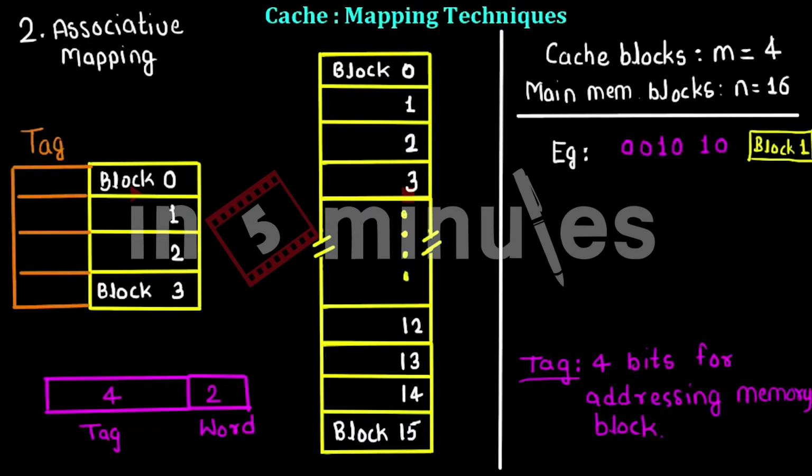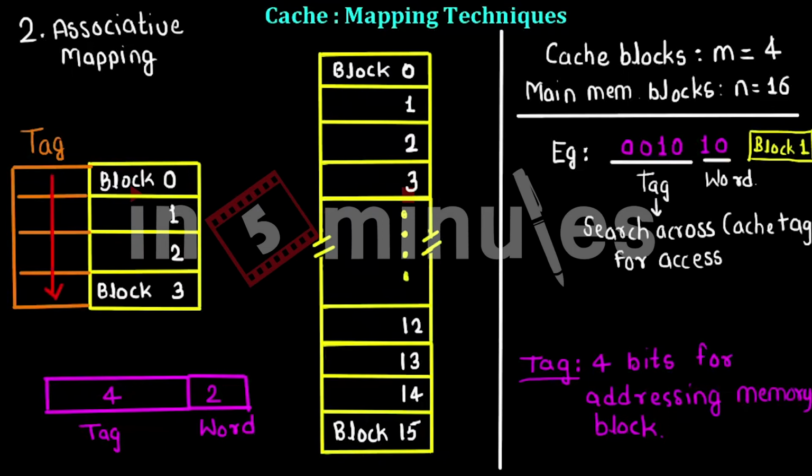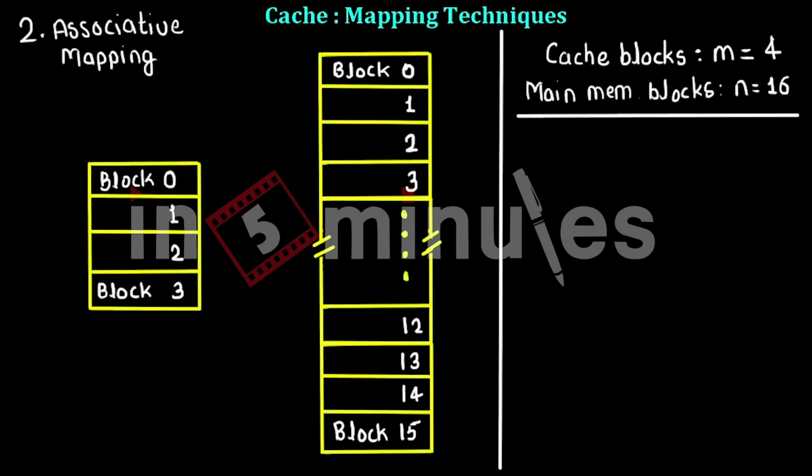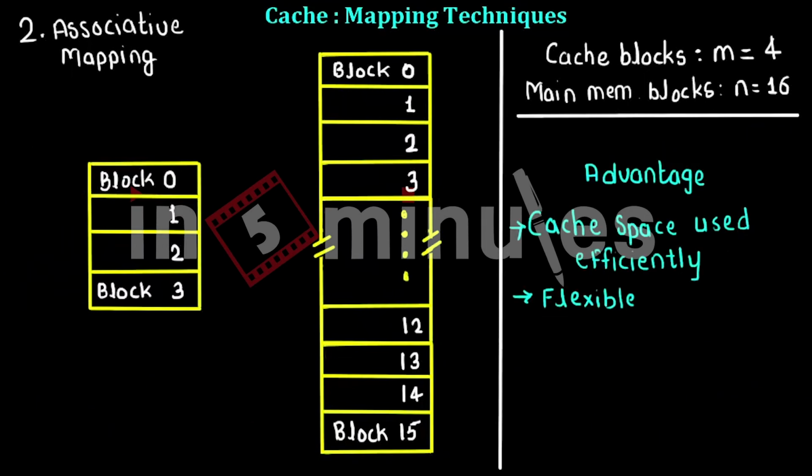Let's take an example. If you want to address the 001010 location, the tag field is going to be searched across the cache tag memory, and if a hit occurs, then a particular word is accessed using the word bits. The main advantage of associative mapping is that the cache space is used very efficiently and the mapping is very flexible.